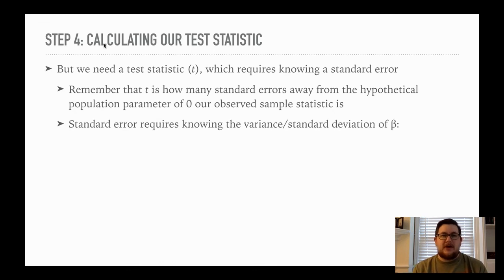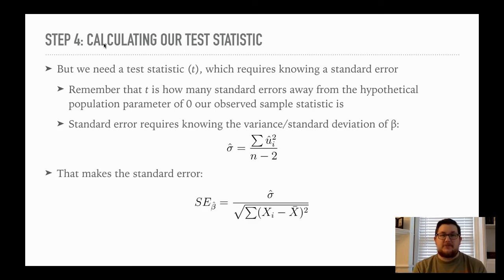If you need a standard error, you have to know the variance or standard deviation of beta. I'm not going to make you calculate this. Don't worry too much. It's just this. It is the squared sum, the square of each of those errors. Sum them all, divide that by n minus 2. That makes the standard error this.